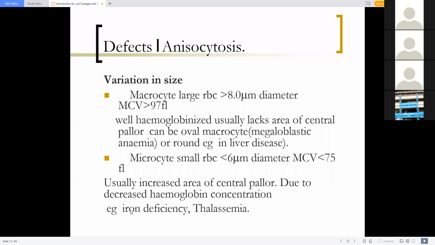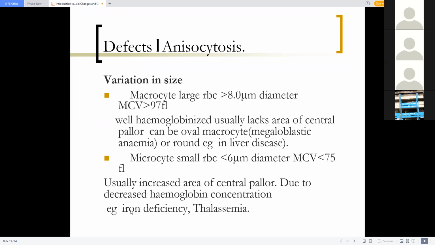I've put an example there that sometimes the macrocytes may be oval in shape, and megaloblastic anemia usually gives you oval macrocytes. In liver disease, they're usually round. So when we are looking at the variation in size and we see large cells, we ask, is it large and oval? Then we may think, oh, this patient has megaloblastic anemia, all right? Is it large and round?